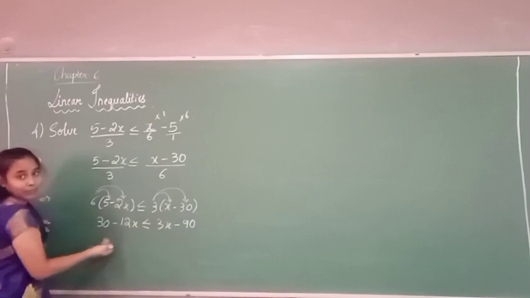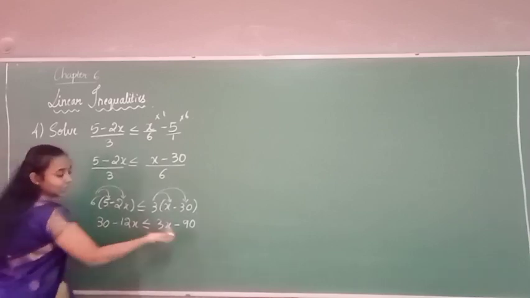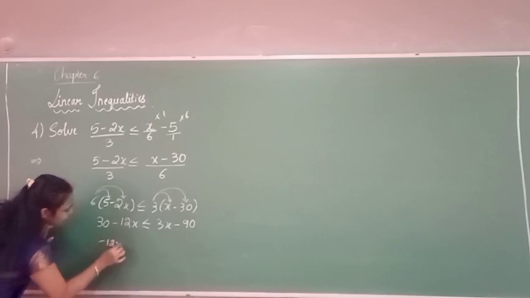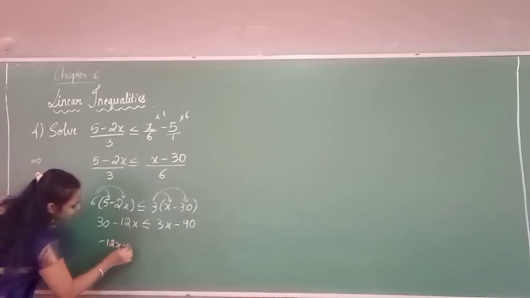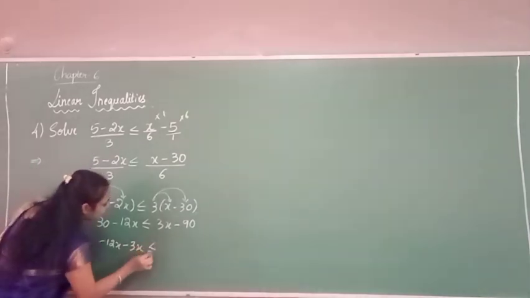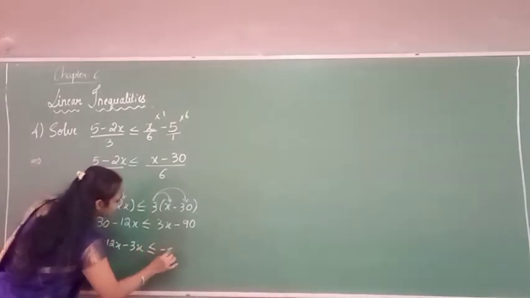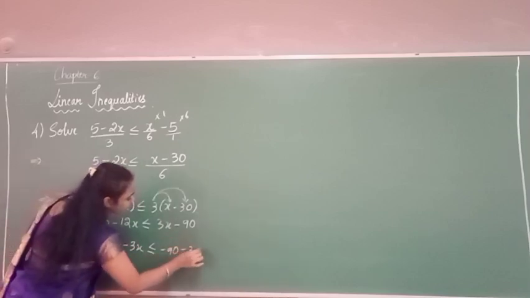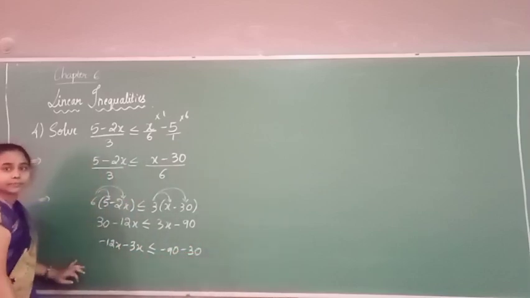Now take the variables one side and numericals one side. So minus 12x plus 3, when I take it to LHS it will become minus 3x is less than or equal to minus 90 plus 30, when I take it to RHS it will become minus 30.